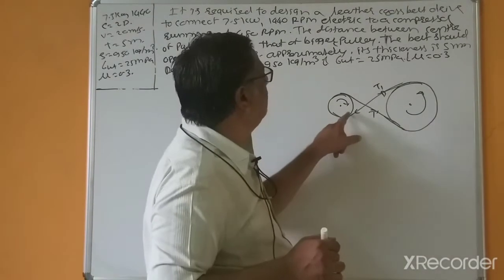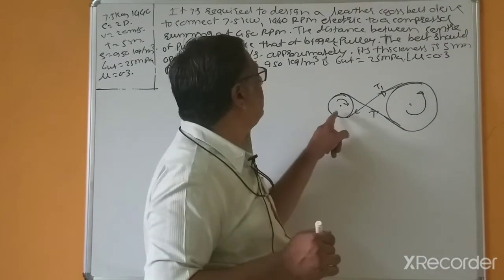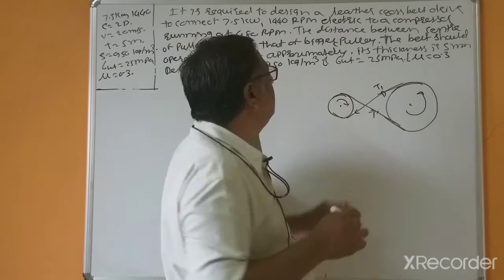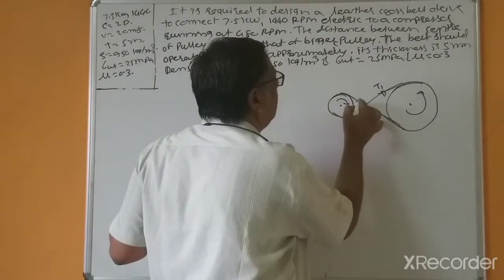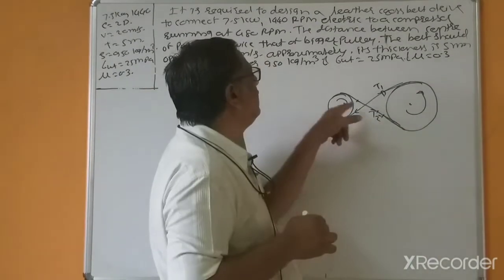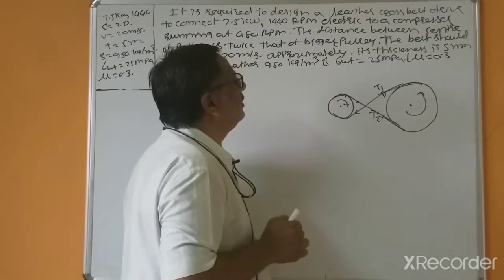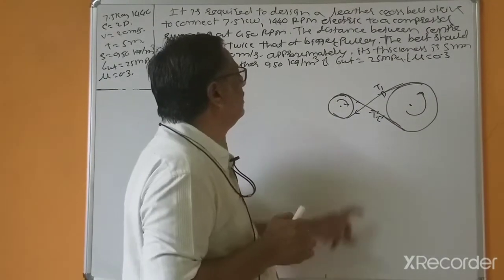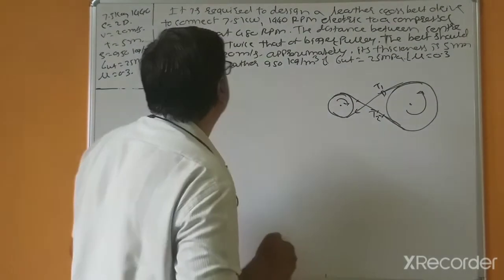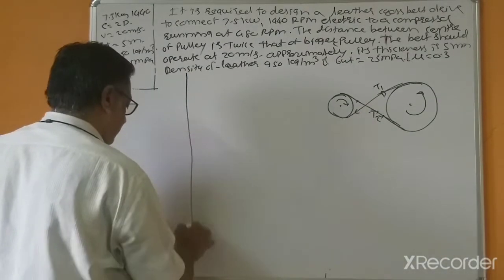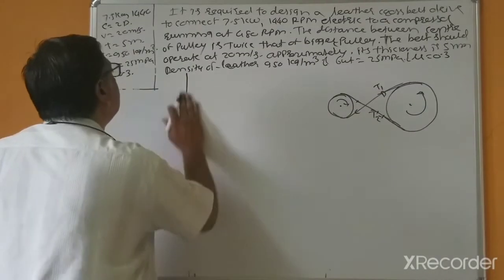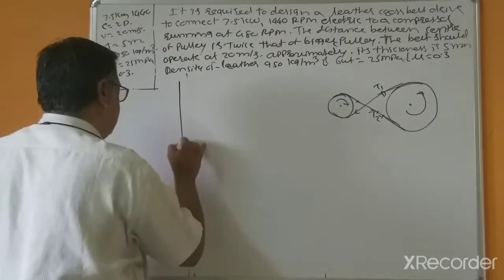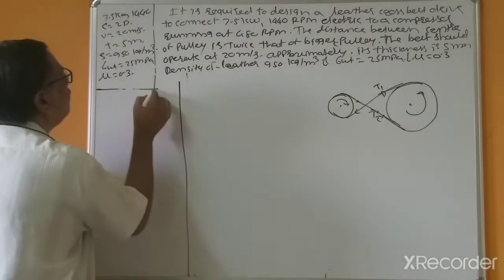Because this is gripping, this is the tension T1, and because this is releasing, this is T2. Again we have to calculate.